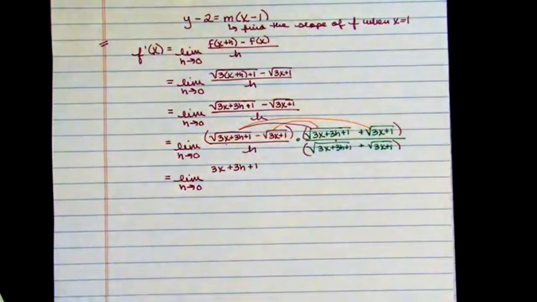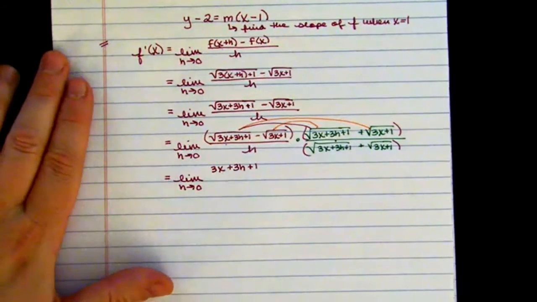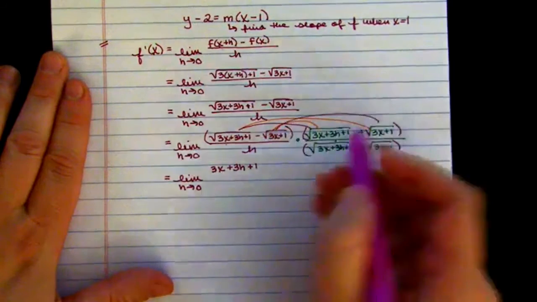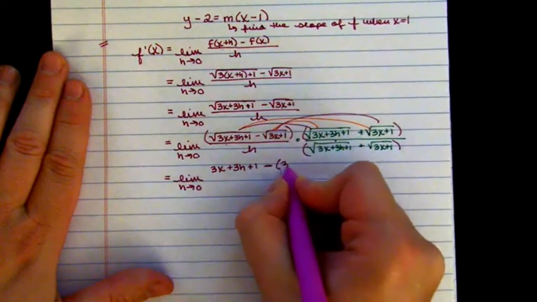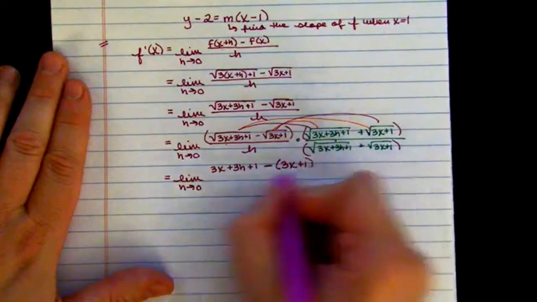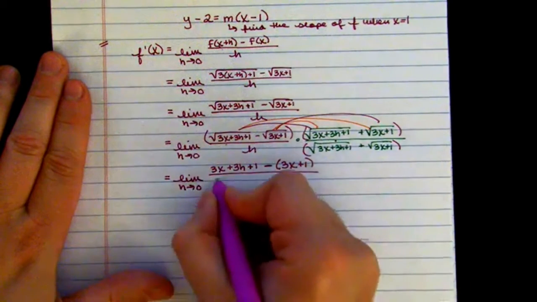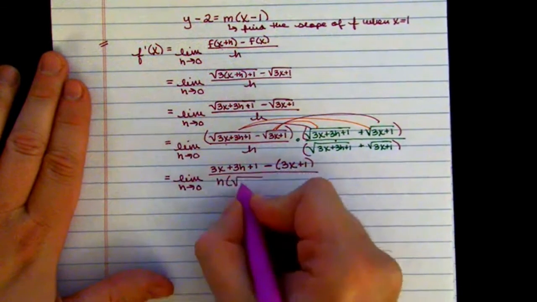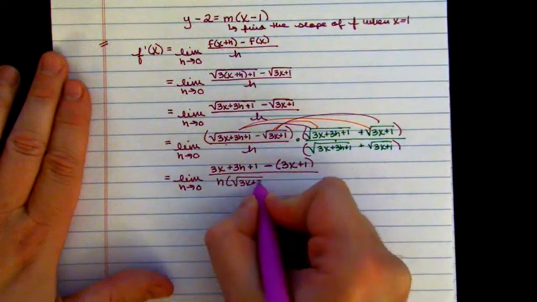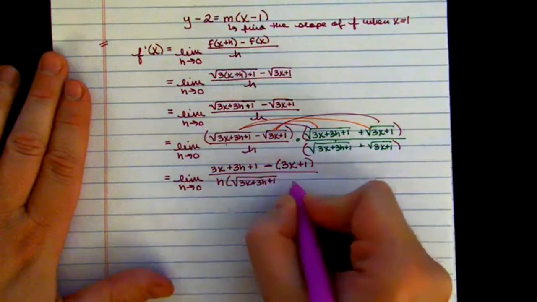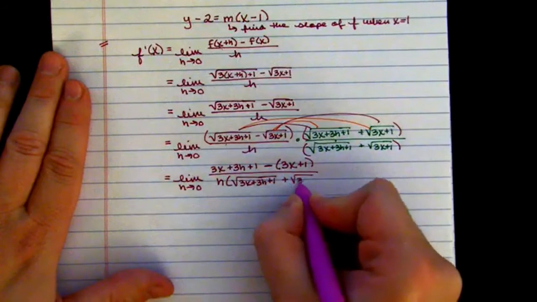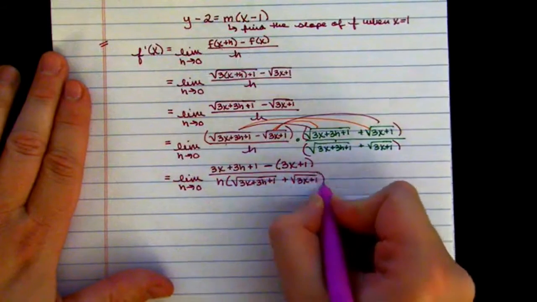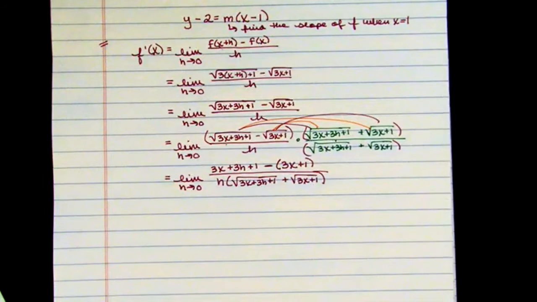That's always what's going on, so I can kind of ignore that. Then I'm going to multiply this times this, and I'm going to get negative the stuff that was in the square root, negative 3x plus 1. This is all over h times the square root of 3x plus 3h plus 1 plus the square root of 3x plus 1. Take a moment and see if you can finish this.